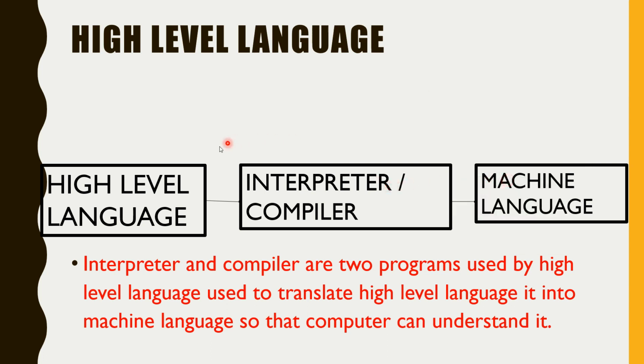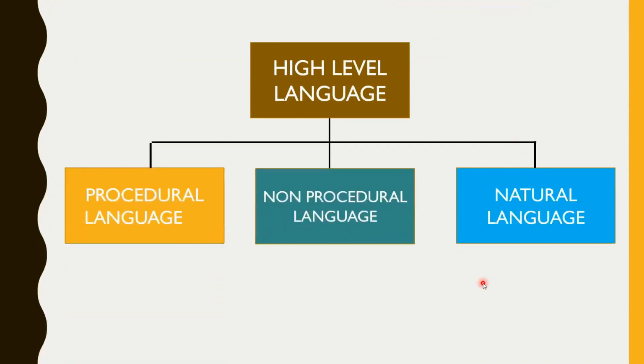Dear students, the interpreter and compiler are the two programs used by high level language to translate high level language into the machine language so that the computer can understand it. Now, the high level language has mainly three categories, that is procedural language, non-procedural language and natural language.